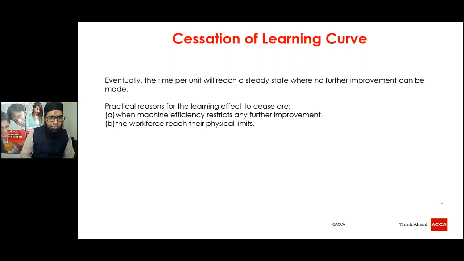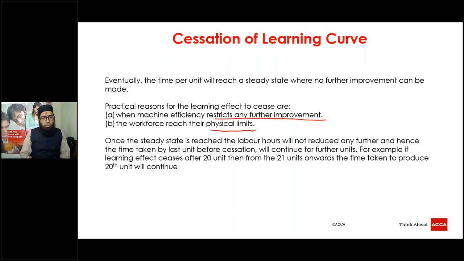One is when the machine efficiency restricts any further improvement, so there is a restriction from the machine itself. And then when the workforce reaches their physical limits. So once the steady state is reached, the labor hours will not reduce any further.